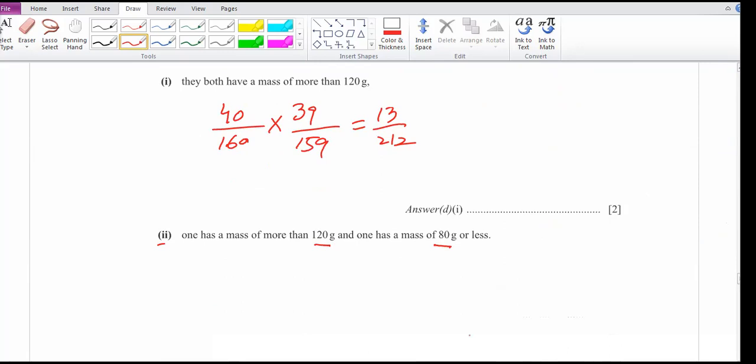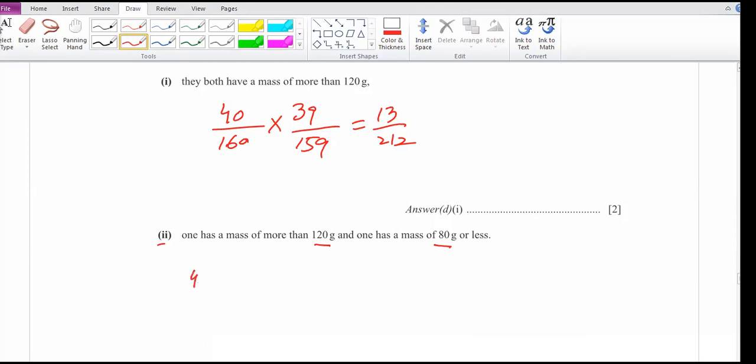In this case, we are taking it without replacement. We are not replacing them. If we are not replacing them, what can be the possibility? There can be two possibilities. Maybe when you choose, the first one has a mass more than 120.